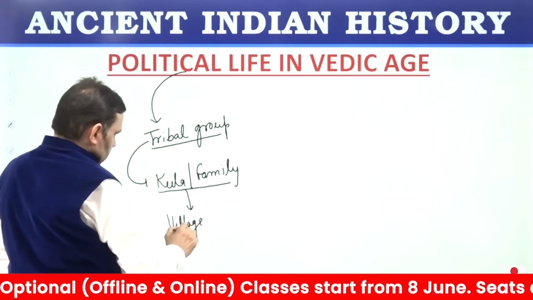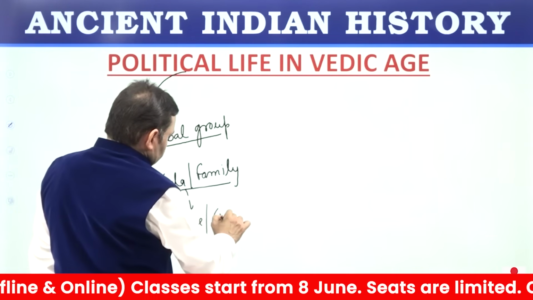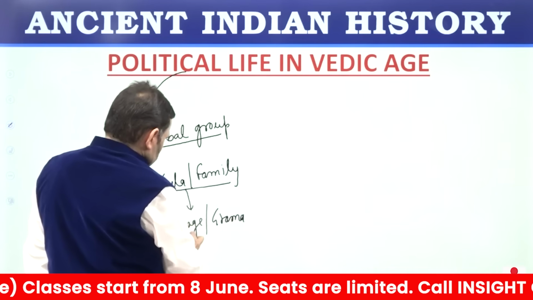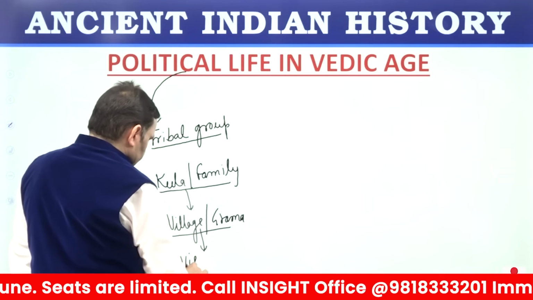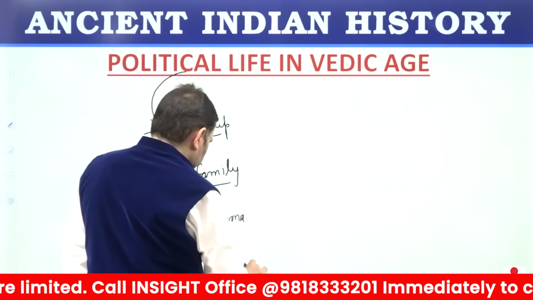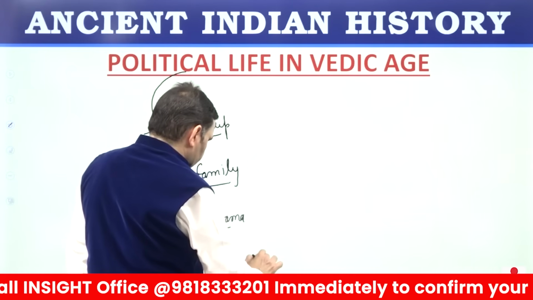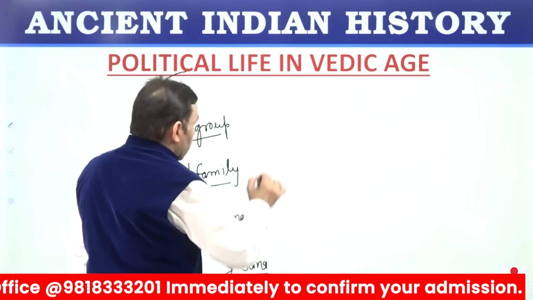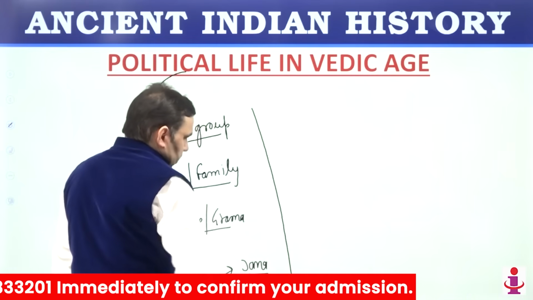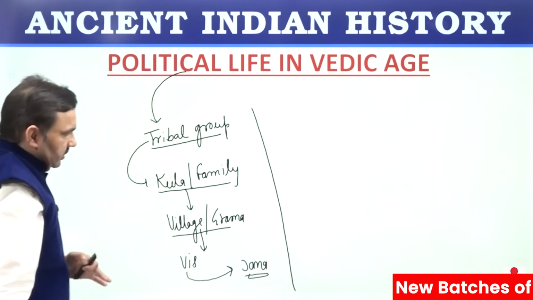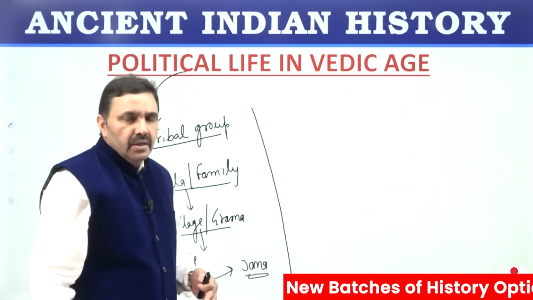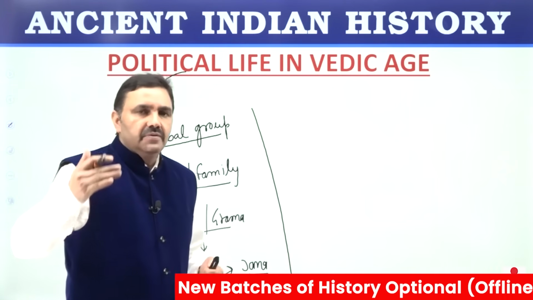A number of grama or village formed together vis, and the highest unit was jana. During early Vedic age, this was the scenario. Jana was the highest unit. Tribal chief was the head of Jana, that you can understand here. He was Janasya, the head of Jana.